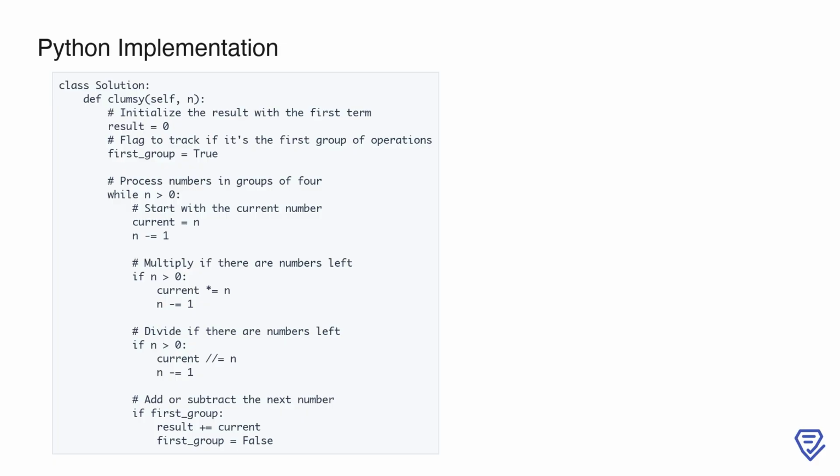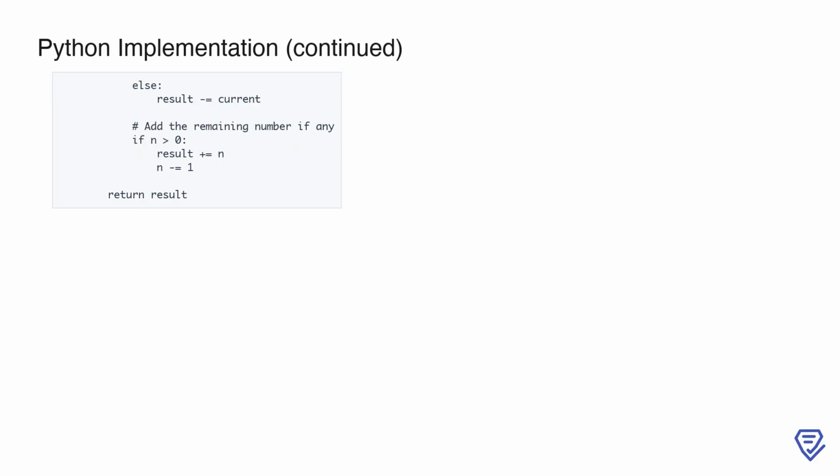If it's true, we add the current value to the result, marking the end of the first group, and set first_group to false to ensure subsequent groups are handled differently. For all remaining groups after the first one, we subtract the current value from the result instead of adding it. This ensures that the alternating pattern of addition and subtraction is maintained correctly.